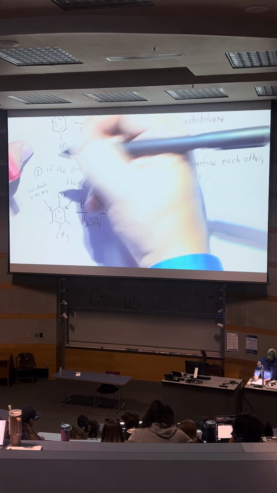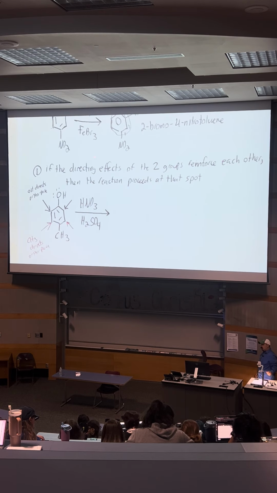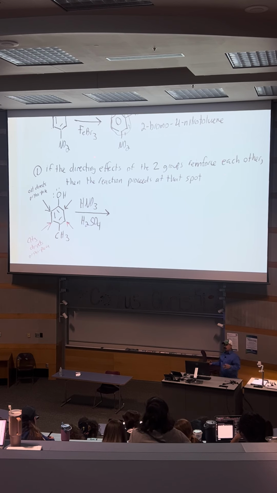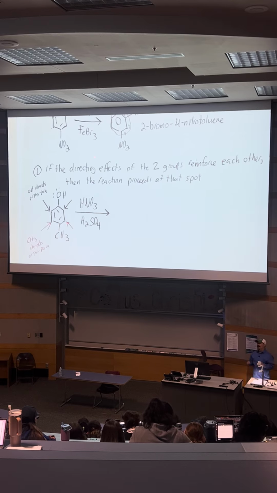So in this case, you can see that both the groups are directing opposite each other. And this is where, when we started to label strong activators and moderate activators, that's when those come into play. Of these two, which one is the strong activator? Is it the alcohol or is it the methyl group? Somebody says alcohol, anybody over here? It's the alcohol, right?